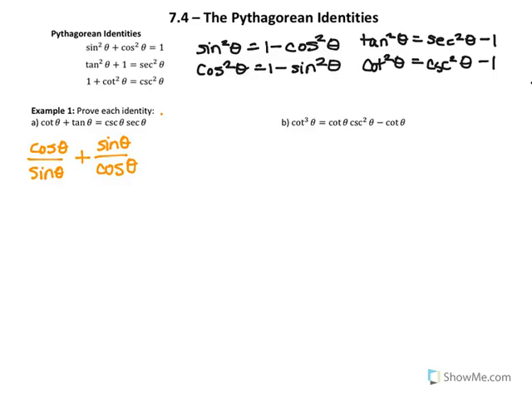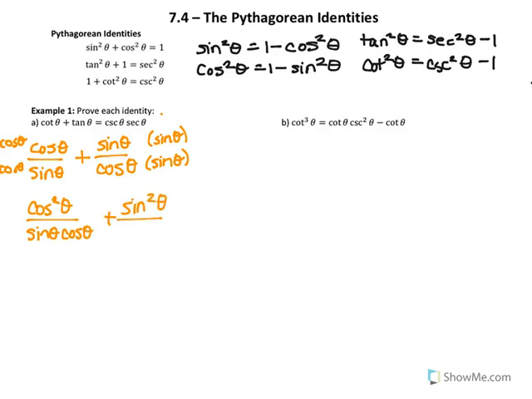Now I'm going to multiply to make my denominators the same. So I'm going to times this side by sine theta and this side by cos theta. What that leaves me with is cos squared theta over sine theta cos theta plus sine squared theta over sine theta cos theta.